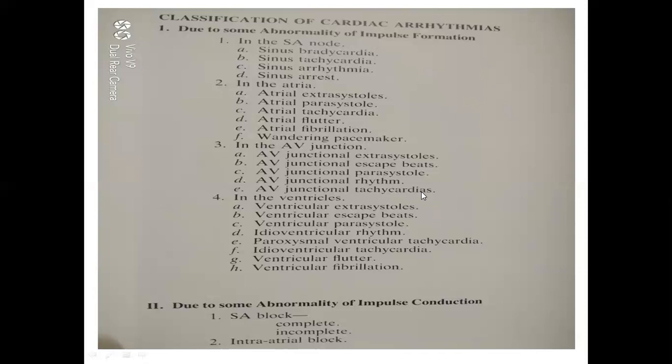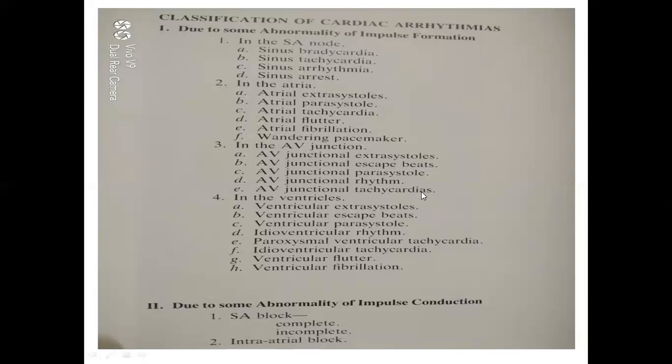When electric current is not progressing, like from SA node to AV node, if it's not going, then block is there. Or from AV node to the right side or left side, the current is not conducted.